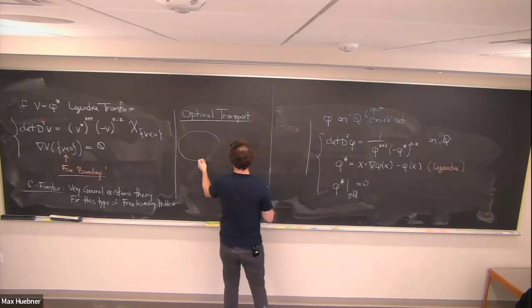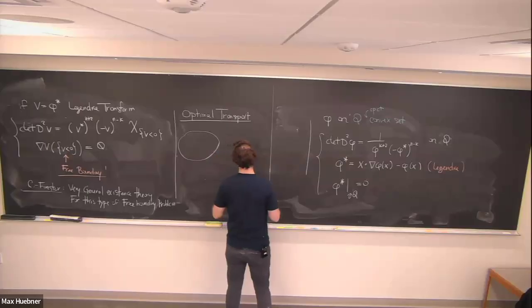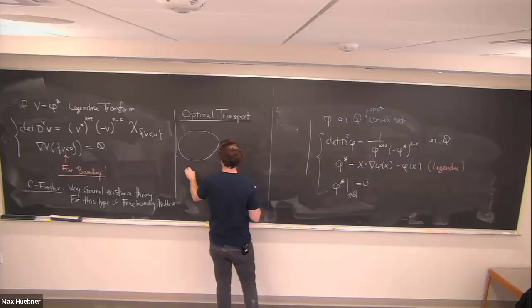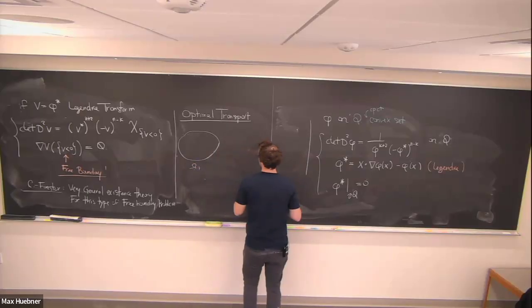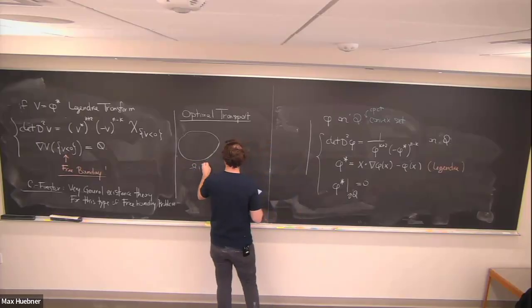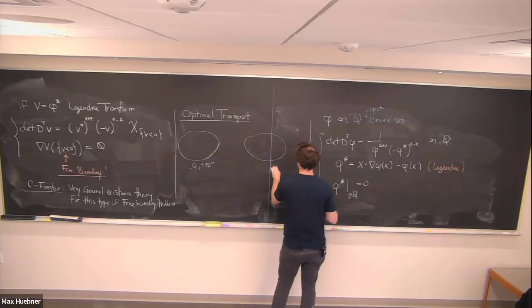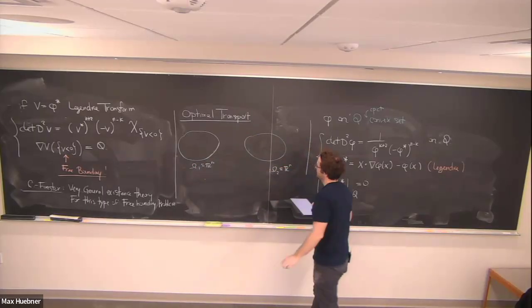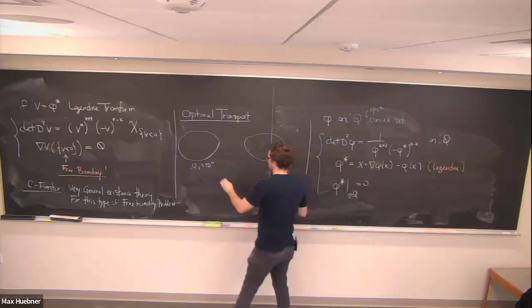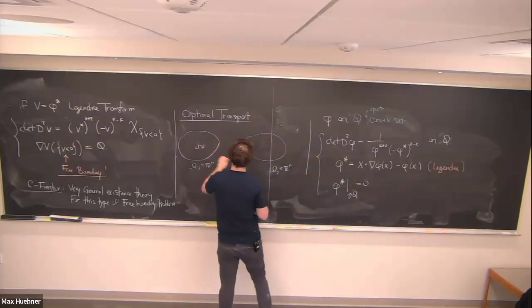It doesn't have to be convex, but let's make our lives simpler by assuming everything is convex. So we have some convex domain in Rn. This is in some sense the most restrictive version of this problem. And they have measures on them, d nu and d mu.